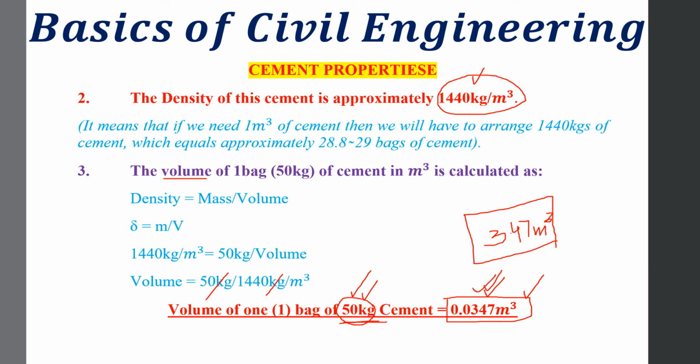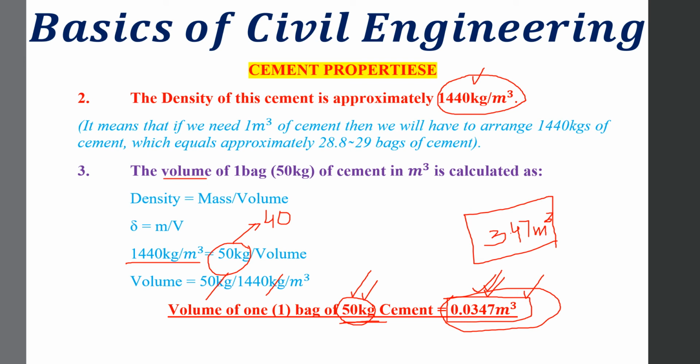So here I am representing the data to calculate. Suppose we have a bag of 40 kg cement, then you will write 40 here in place of 50, and the density will remain the same. You will divide 40 by 1440 and you will get the volume of one bag.